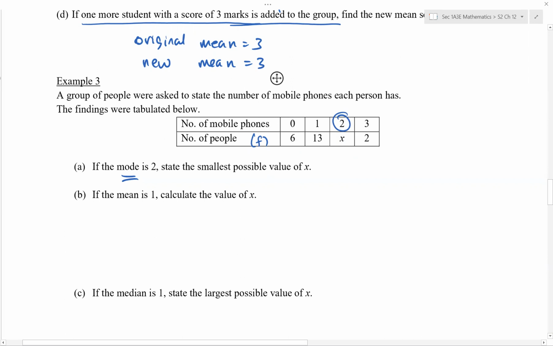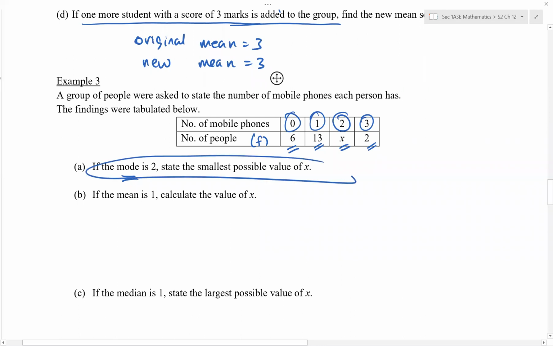We've got 0 mobile phones appearing 6 times. We've got 1 mobile phone appearing 13 times, which is a lot. We've got 2 mobile phones appearing x times. We've got 3 mobile phones appearing 2 times. And now part A tells us that 2 mobile phones appear the most times.